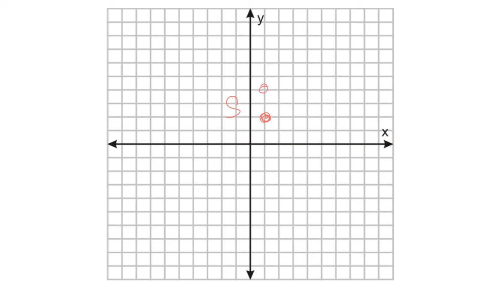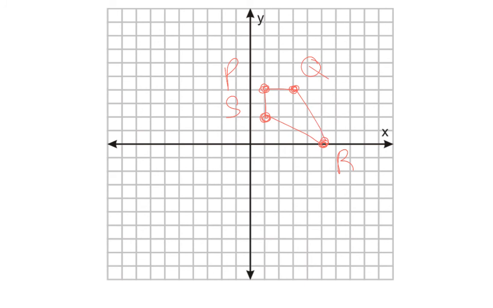P is right above it. Q is right beside it. And R is down over here. And I'm going to connect the dots, and that will create a figure which looks like a kite.